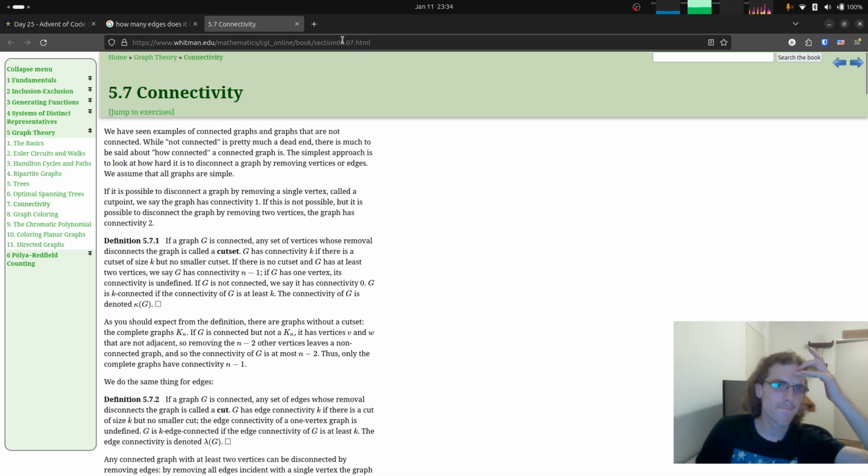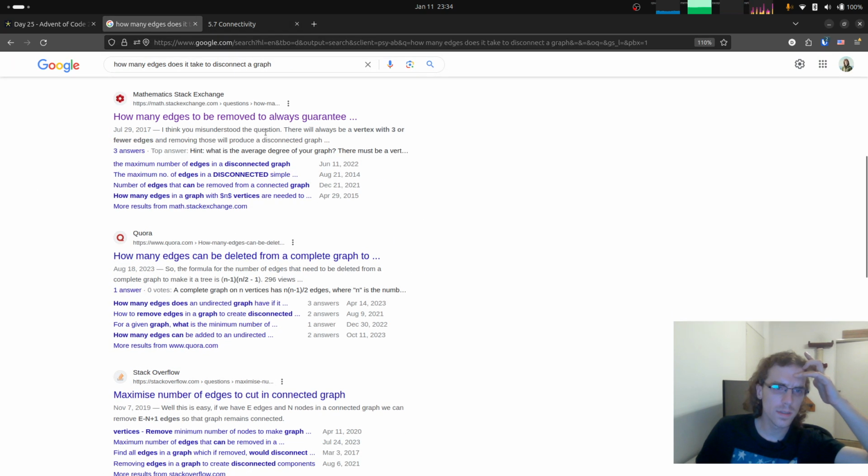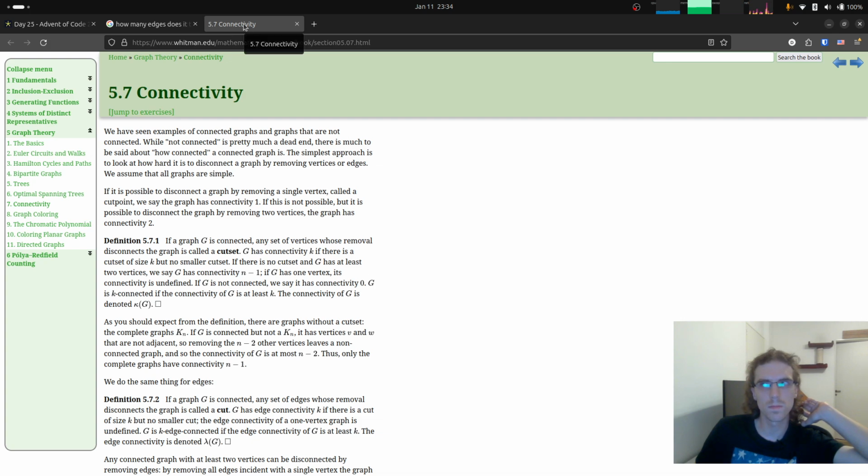Okay, so we have this connectivity thing. Maximize number of edges to cut in connected graph. That's kind of the inverse problem, I guess. We have to find not the minimum number. We know it's 3. We know that there is a solution with 3, removing 3 edges that will disconnect the graph.